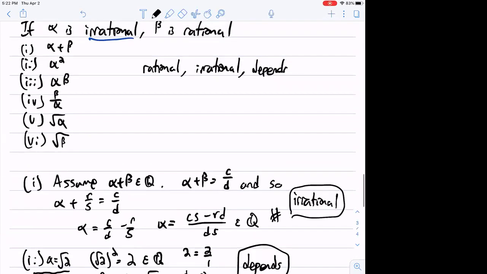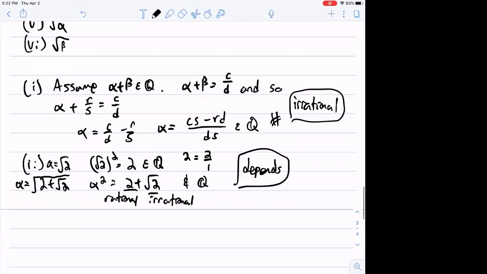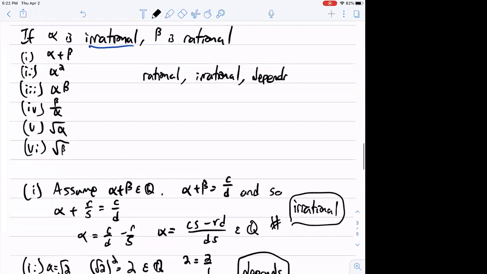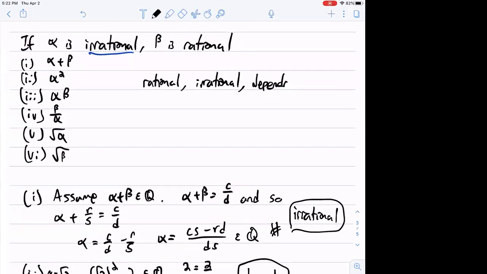Okay, now what about alpha beta? Would that be irrational as well? Yeah, people don't really consider the case beta is 0. If beta is 0, it's actually rational.